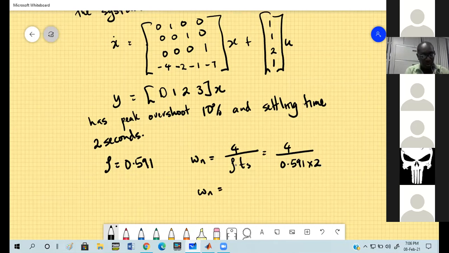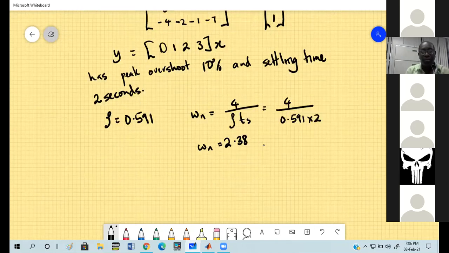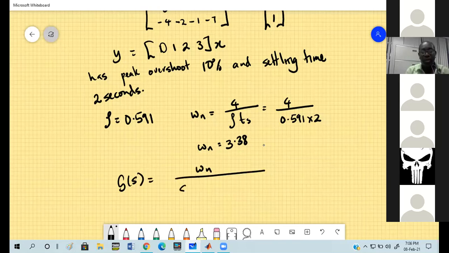How much does that work out? 3.38. So our G(s) is equal to omega n squared over s squared plus 2 omega n s plus omega n squared.